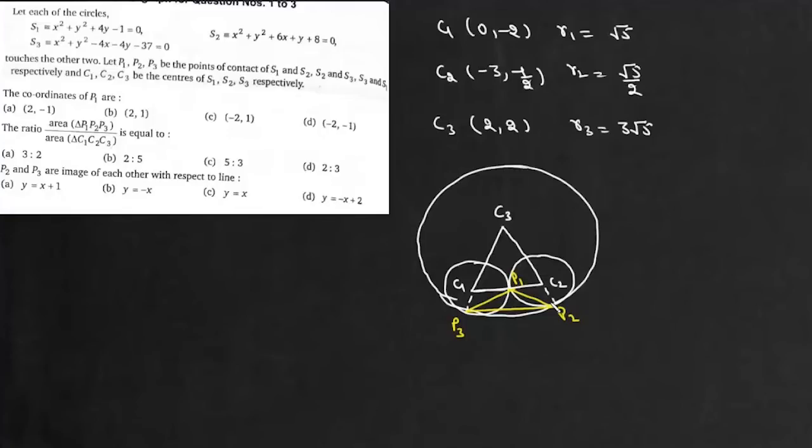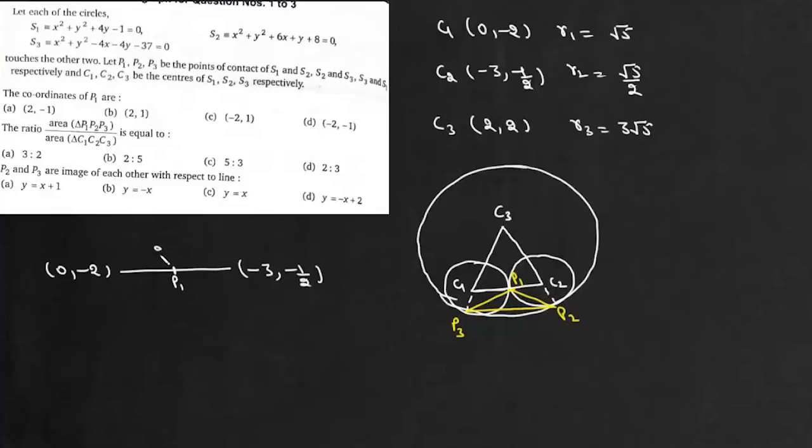Now first we have to find coordinate of P1. Now P1 is point of contact of these two circles. Now C1 is (0, -2) and C2 is (-3, -1/2), and this P1 divides C1, C2 in the ratio R1 is to R2 internally.